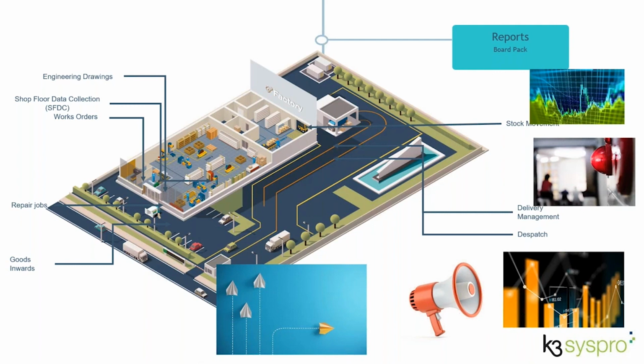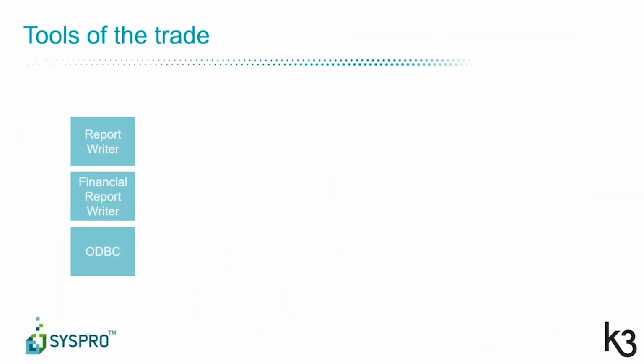So with that in mind, what are some of the things that we have available in that toolkit? For those of you that have been with SYSPRO quite a long time, we've had quite a few tools available within SYSPRO itself for a while. There is a traditional report writer that was available for a very long time. If you were in finance, you had the financial report writer. And if you're really old school, you might have even used ODBC to extract some of that data out and do some external reporting.